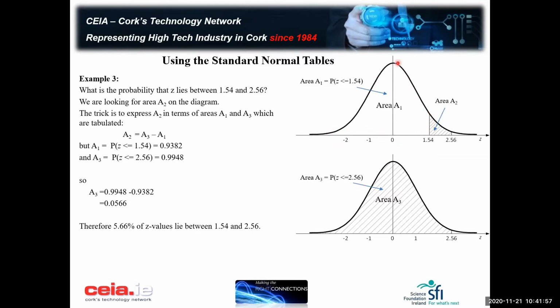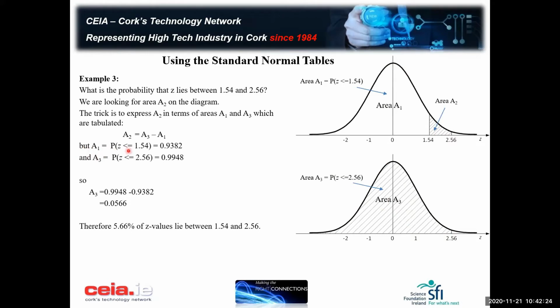It's the probability that Z is less than or equal to 1.54. And this bigger area A3, which is also tabulated, is the probability that Z is less than or equal to 2.56. And visually, you can see that you get the desired area A2 here by subtracting area A1 from area A3, with A1 and A3 both being tabulated.